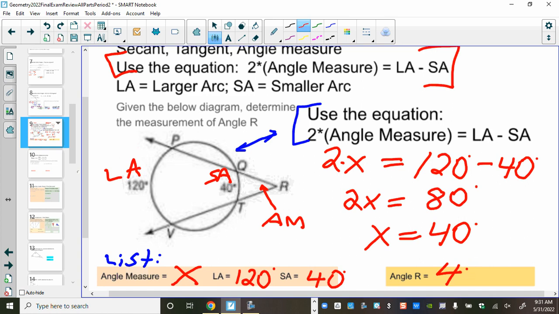I agree. X is going to be 40. It's rare sometimes that your angle measure and your smaller arc are the exact same. It's rare, but it can happen. Any questions?